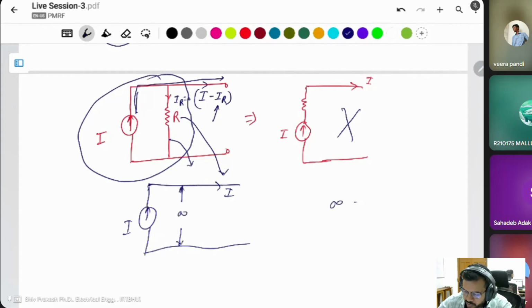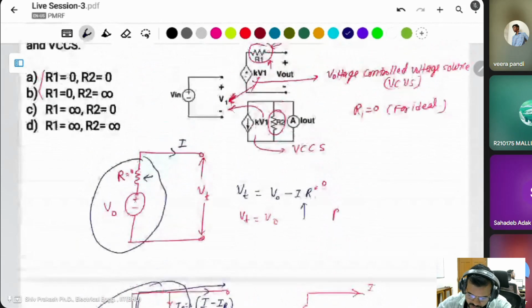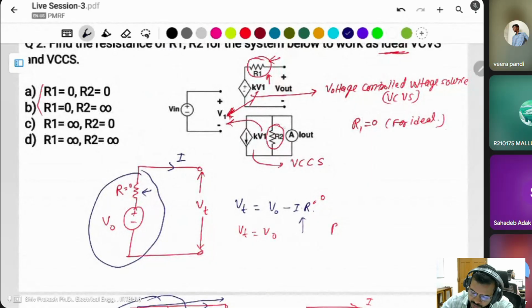Infinity resistance shows an open circuit, and zero resistance shows a short circuit. Okay, it means here the internal resistance will be infinity for the current source. That's why R2 will be infinity, R1 will be 0.